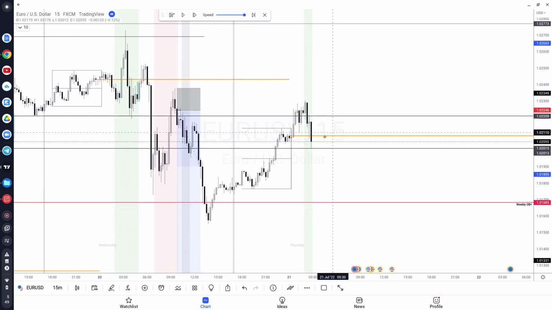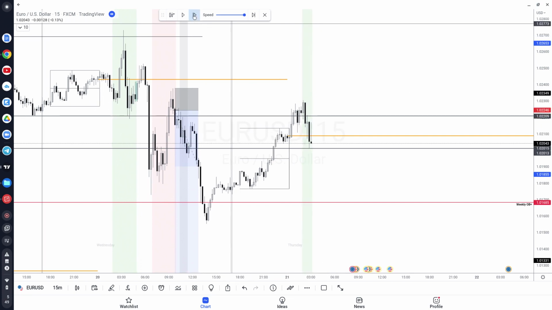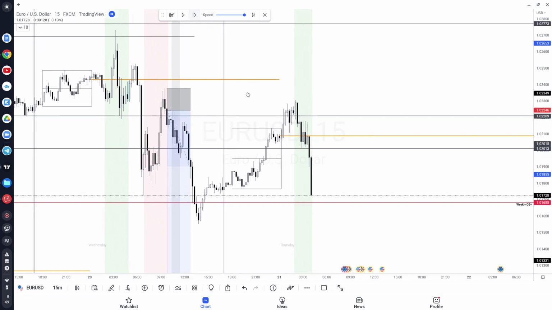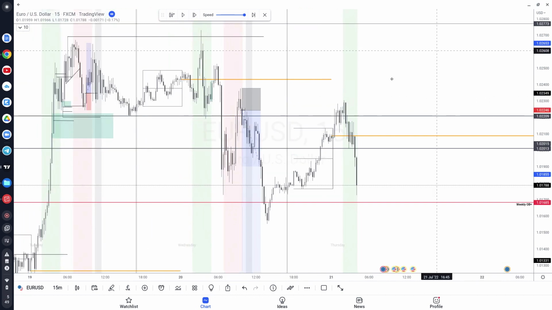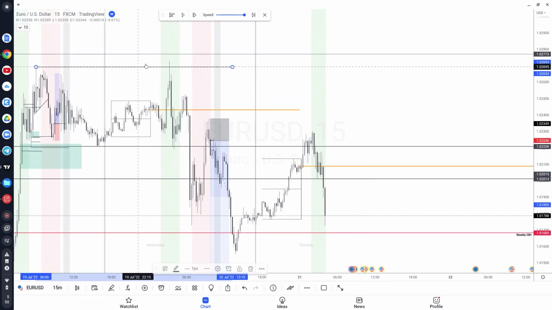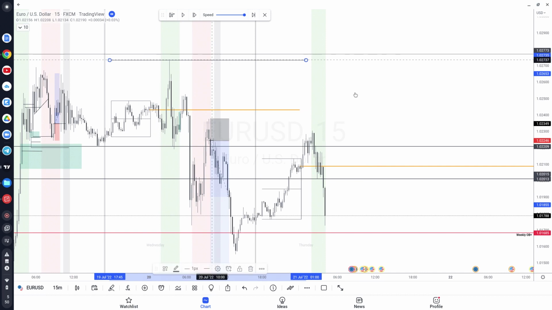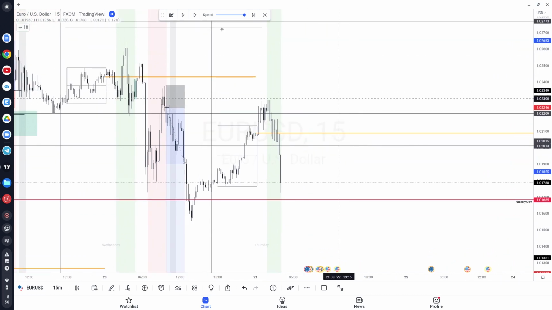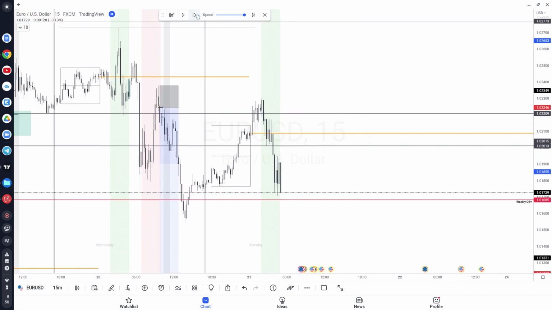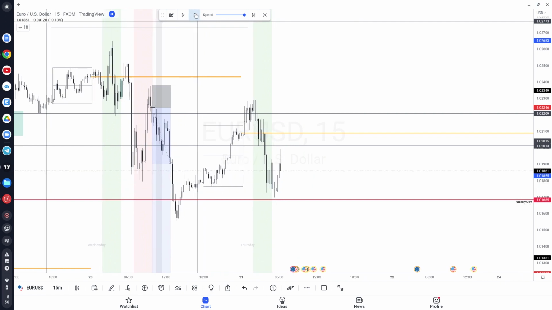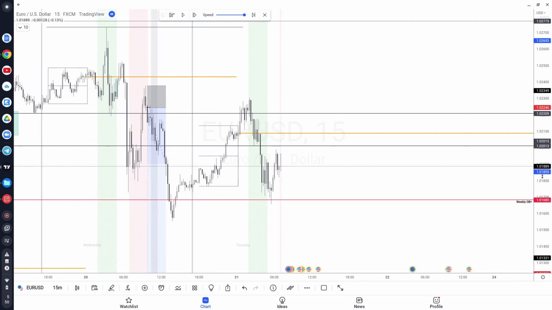All right, so what we got is Asia session. The Asian high is swept. But keep in mind, we should be targeting previous day's high, right? This should be the premise of our trading because that's what price is doing thus far. All right, Asia high is taken.